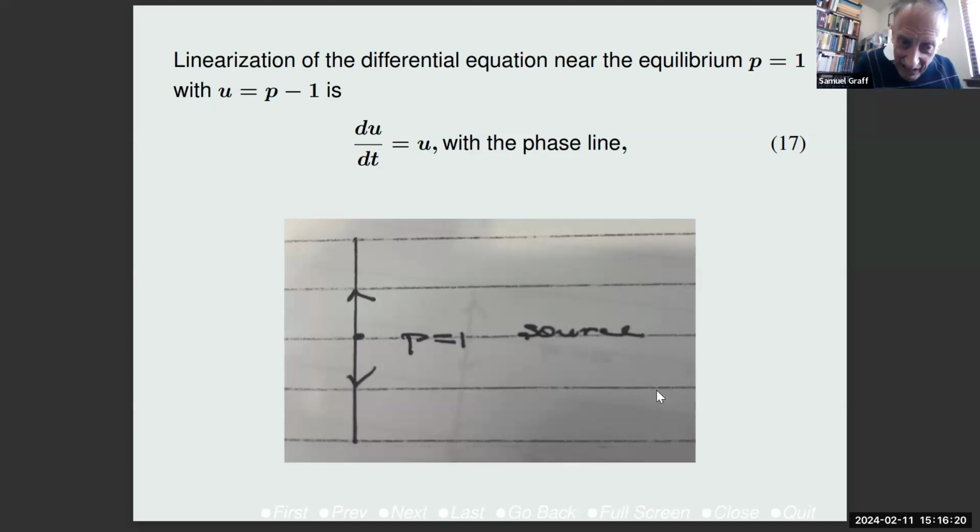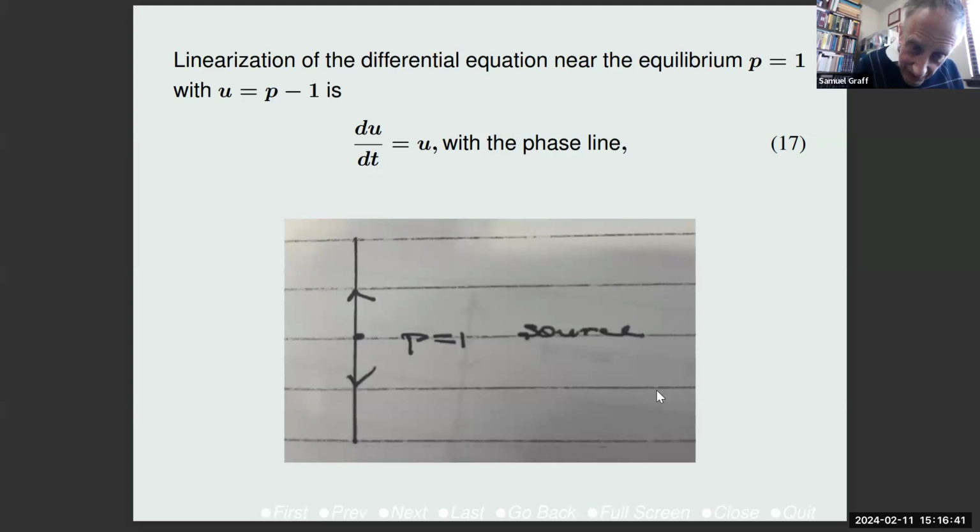And by the way, this moved the equilibrium from P equals 1 to the origin at U equals 0. So what you have when U is positive, or the population P is greater than 1, you have solutions increasing.